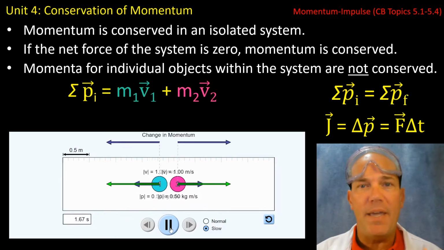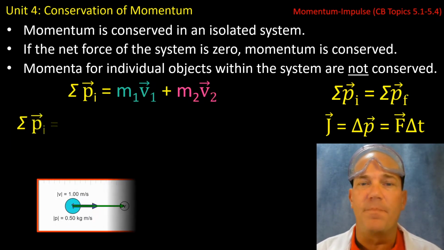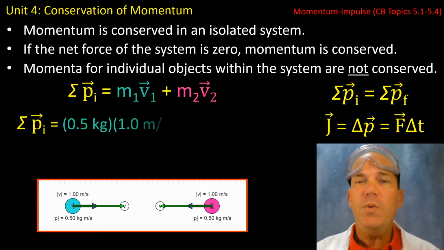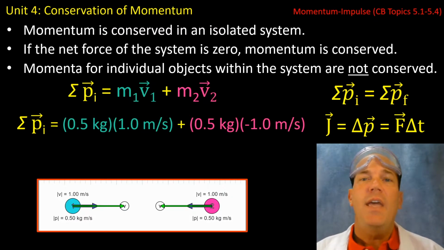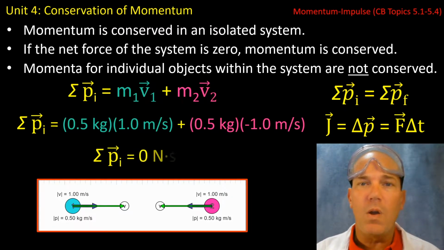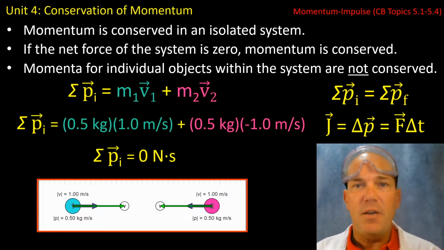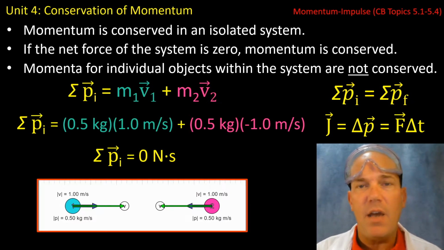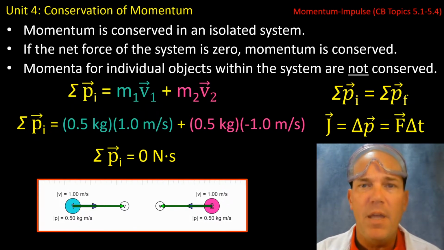Thus, we need to pay special attention to signage in our summation. As we go through and put in the values from the simulation and calculate the overall momenta initially, they sum to 0 Newton seconds.